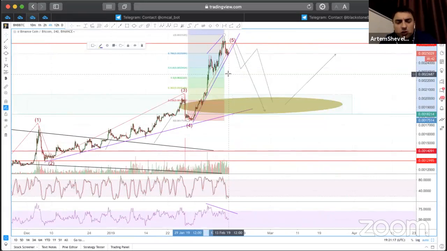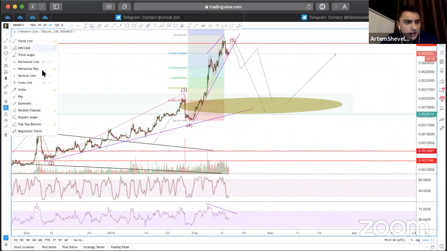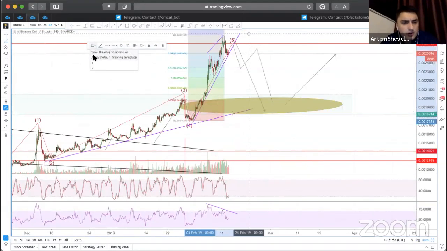We have actually a question from Dante. He's asking about what is the best trend angle. Well, there is no right answer to the best angle because of a few things. On TradingView, we have an interesting tool named trend angle, and you can use it and find a very interesting thing on the chart.